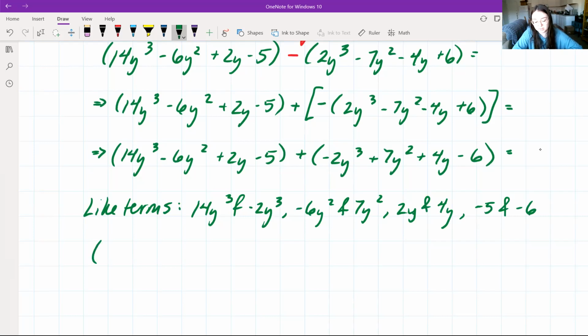Starting with our highest degree, which is 14y cubed plus -2y cubed, which we know adding a negative is the same thing as subtracting.